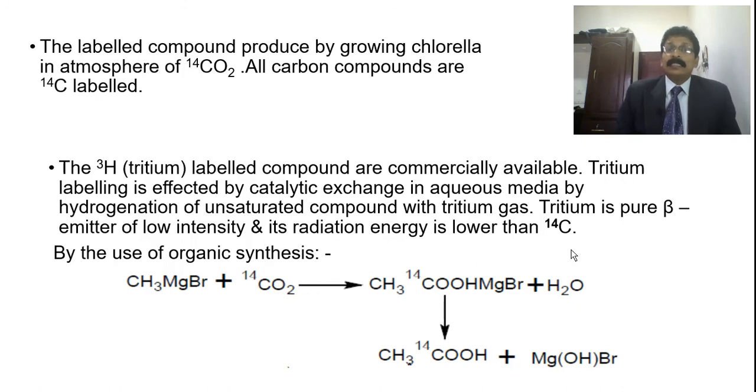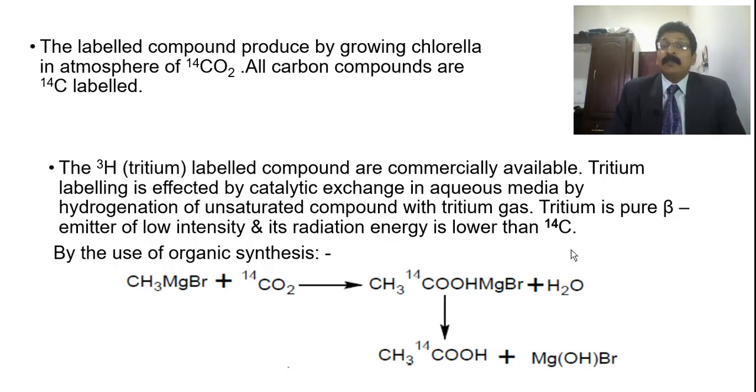You can see CH3 and an acid COOH, where that carbon is the 14 isotope, with MgBr, plus water, and this gives rise to CH3COOH, where the carbon 14 isotope is attached.